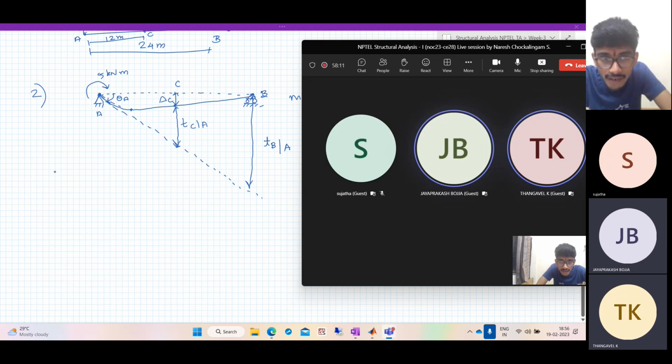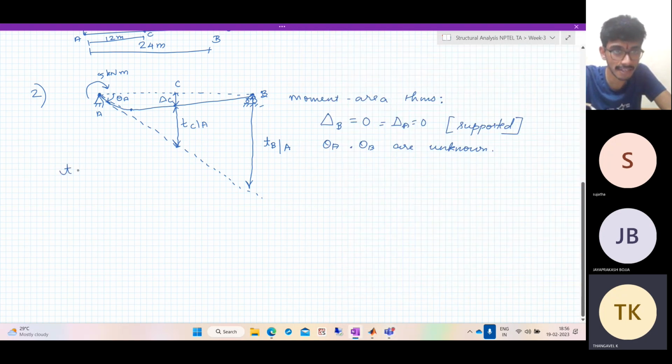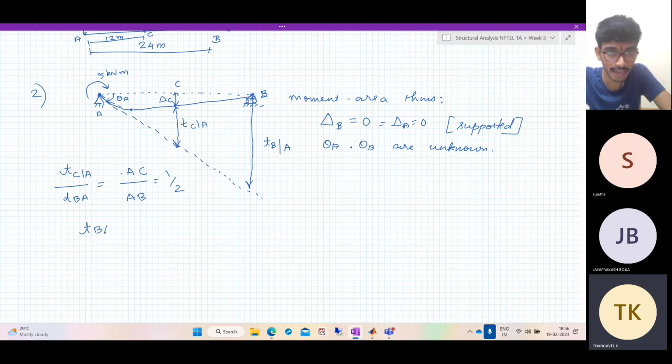Similar triangles. Yes, very good. So using similar triangles, you can say TCA by TBA is AC by AB. So it is halfway, so it is 1 by 2. So we got that TBA is equal to 2 times TCA.